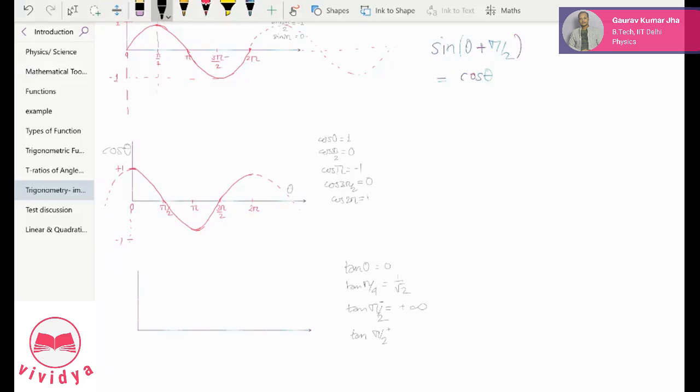If the angle is a little more than 90 degree, just a little, like 90.000 and then 1, something like little more than pi by 2, then the angle will go in which quadrant? Third quadrant, right?